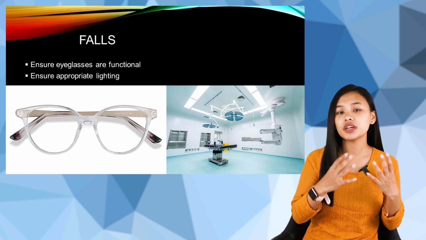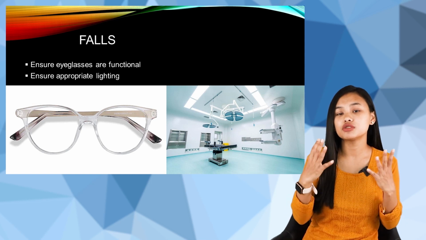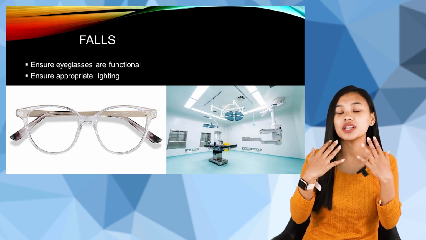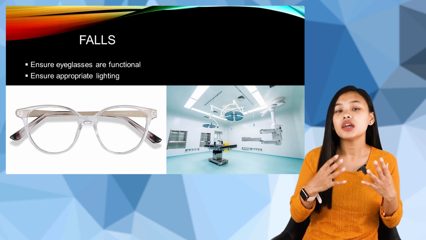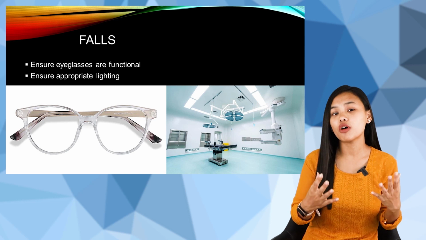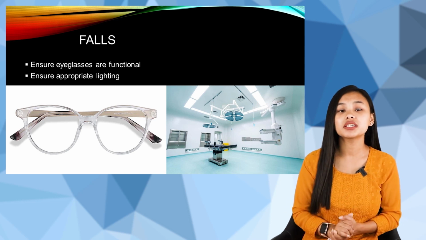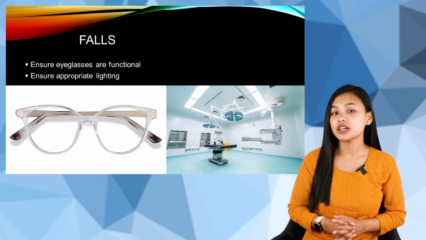Why? Because if there is no proper lighting, the person who is walking will not be able to visualize things properly, and then he can fall, trip, or slip. That is why proper lighting is important.